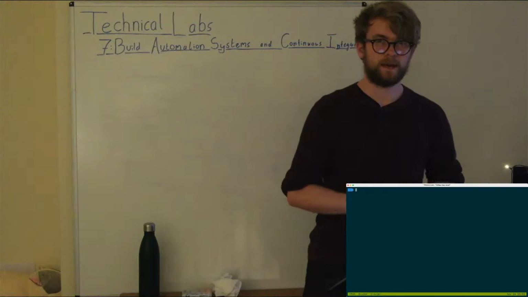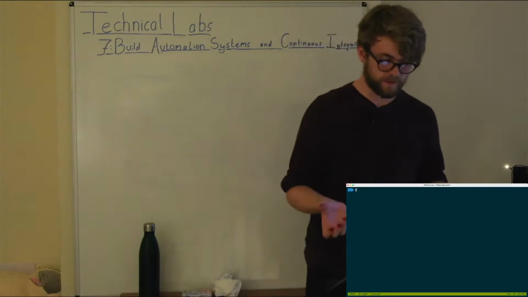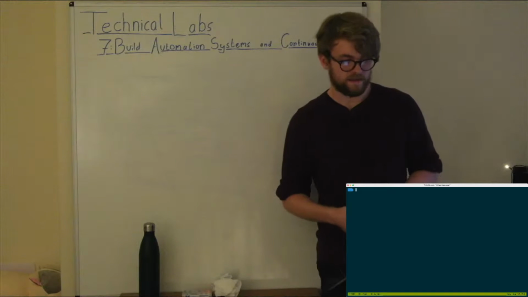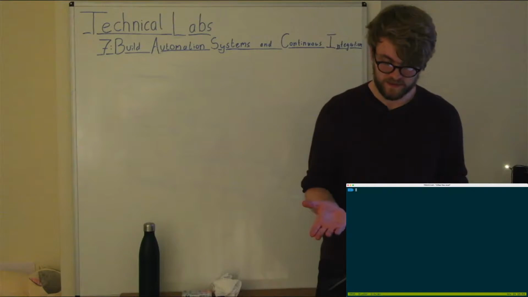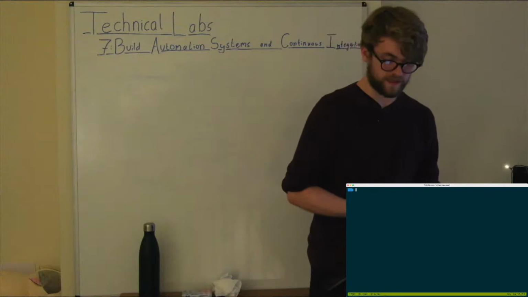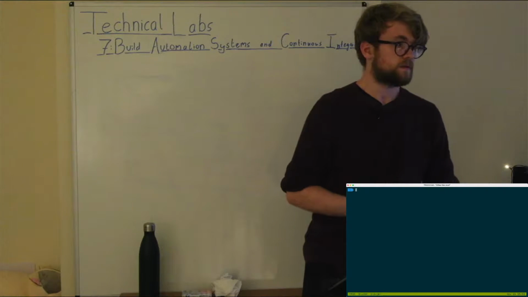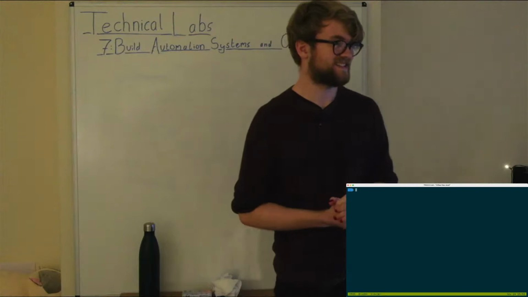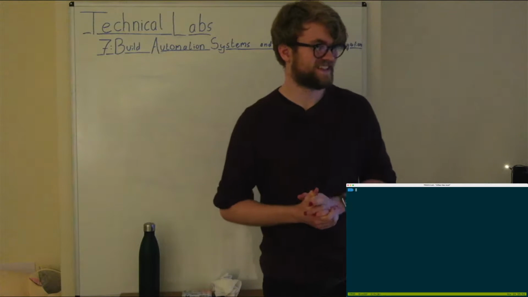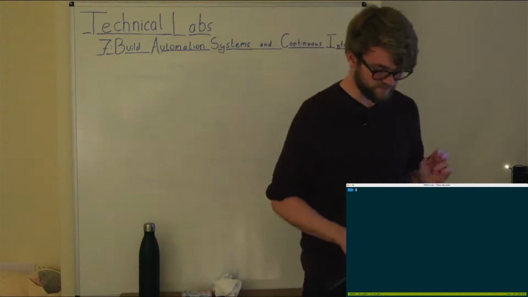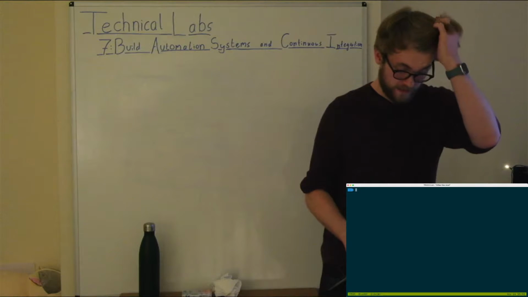GitLab has something called GitLab Pipelines, which is incredibly popular as well. So anything like that will do the same things and are all really cool. Okay. Jenkins. Jarvis is from Marvel. Jenkins. Okay.